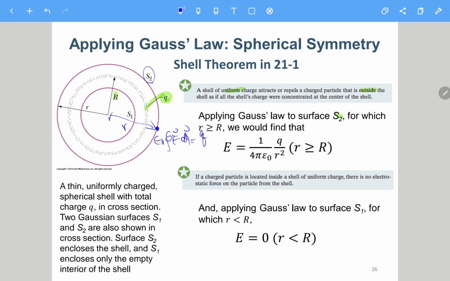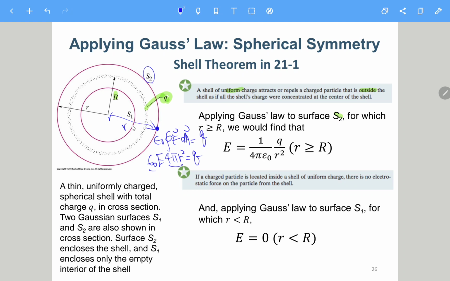And E will be uniform on the shell because the charge density is also uniform, so E is a constant. The surface area is 4 pi r squared, if you still remember. So we move everything over, and finally E equals 1 over 4 pi epsilon naught Q over r squared.